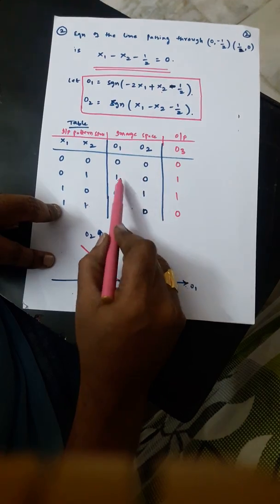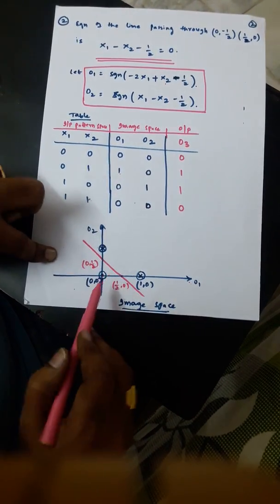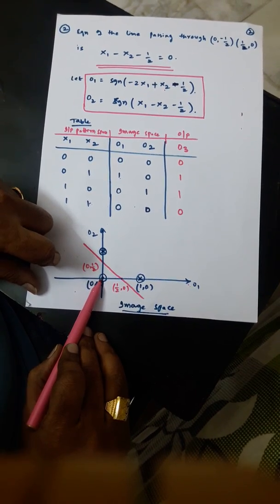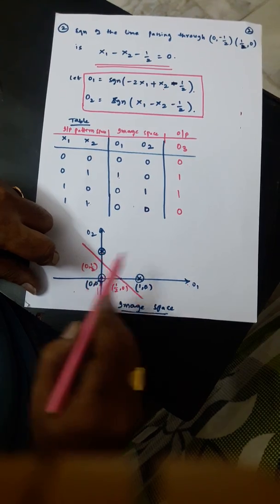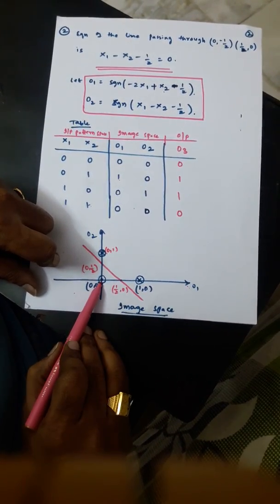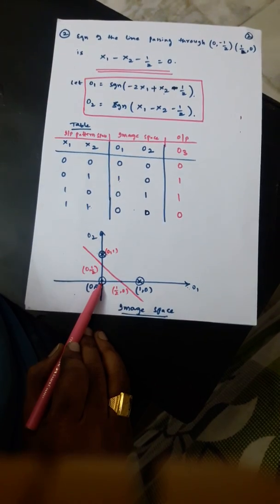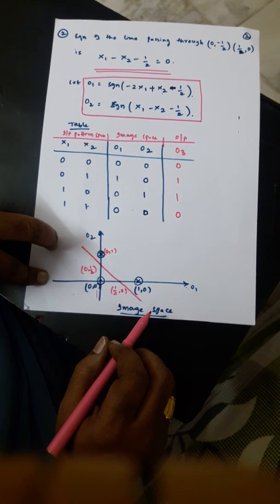So see here, 0 0, 1 0, 0 1, and once again 0 0. There is no 1 1 here. So I have 3 points.